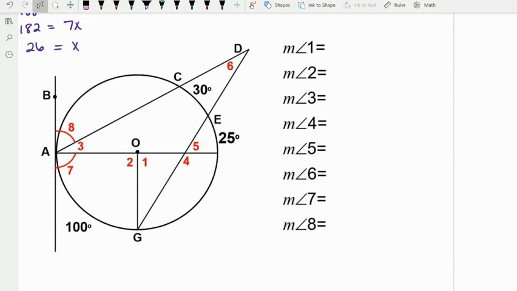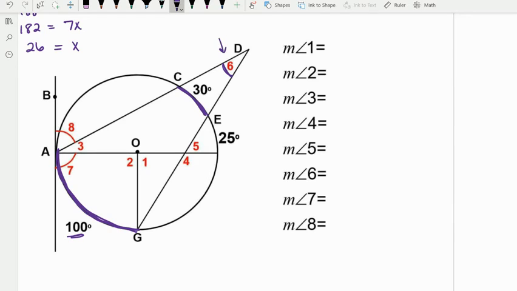Okay, so if you want to just start kind of picking pieces apart, the one that jumps out to me right away is angle 6. That's an outside angle. That's one of the ones that we learned today. And the reason that one jumps out at me is that I know its 2 intercepted arcs. So I see this guy over here, which is 100 degrees, and then also this one here, which is 30 degrees.